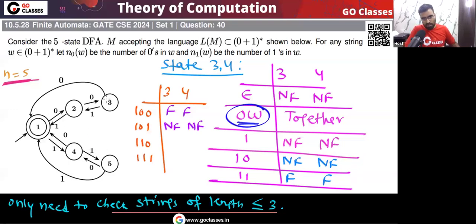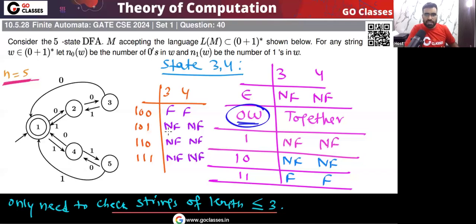On 1 1 0, this is going to non final. Okay, is this clear? On 1 1 1, this is also going to non final. So that's it. Now you can stop. You only have to check the strings of length at most 3.